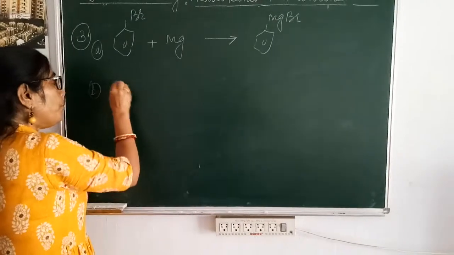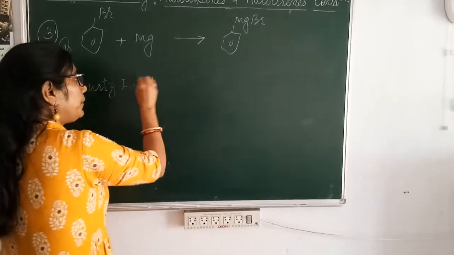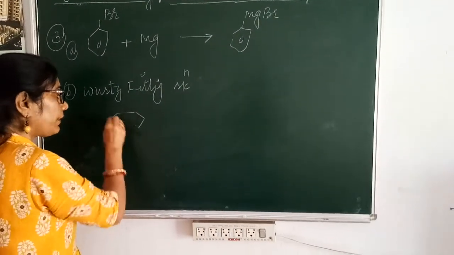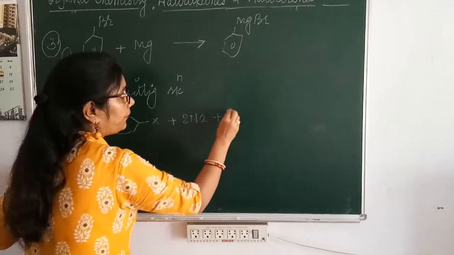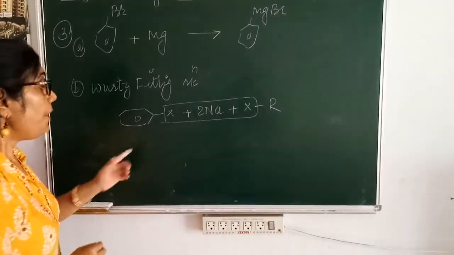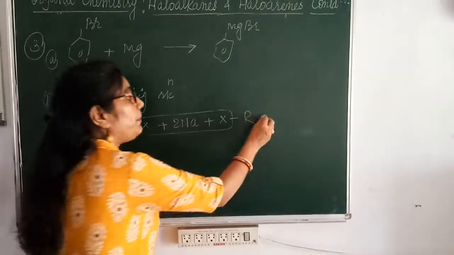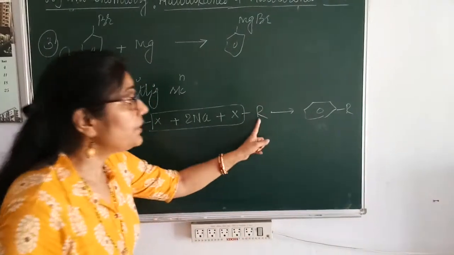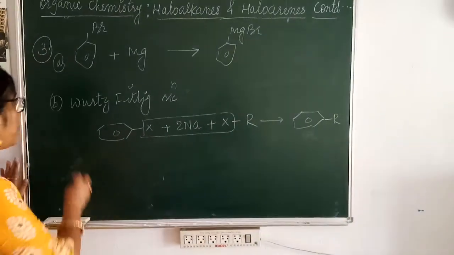Next is Wurtz-Fittig reaction. When an aryl halide is treated with an alkyl halide, look at the difference, in presence of sodium and dry ether, then we get alkyl benzene. Suppose here CH3, toluene, C2H5, ethyl benzene, propyl, propyl benzene, and so on.